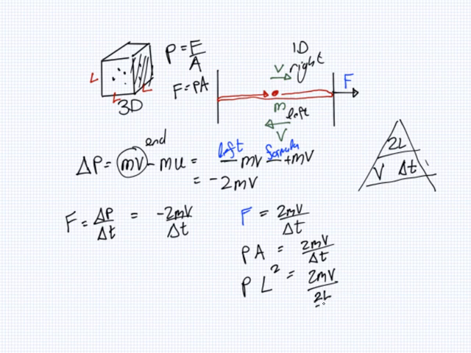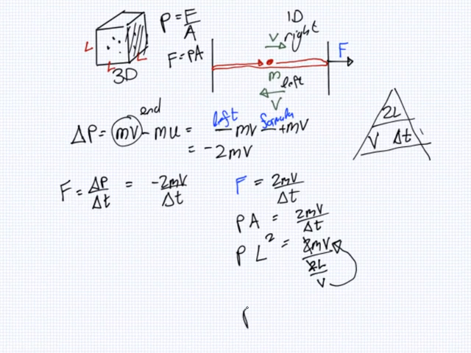It's 2L over v. Now that's nice because I can bring the v up there, the 2's cancel, and I can bring the L up to the left. So now I have PL cubed equals mv squared.